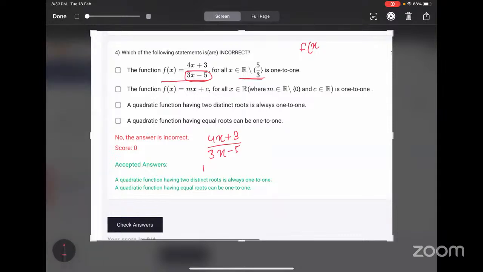We can take 1/3 and multiply it with 3. 4 we will take as common. So we need minus 20, plus 23 by (3x minus 5). So we will get the denominator x minus 5 by 3. We are dividing it and multiplying it with 3.